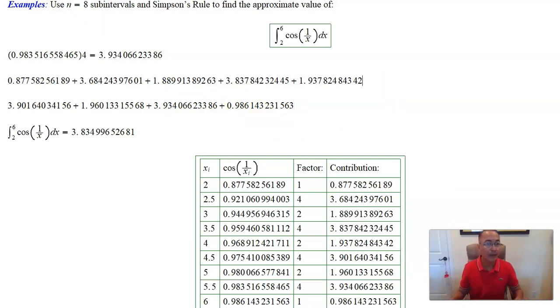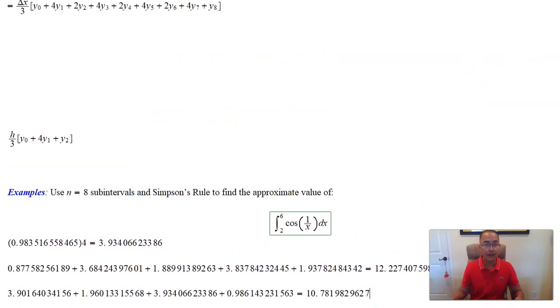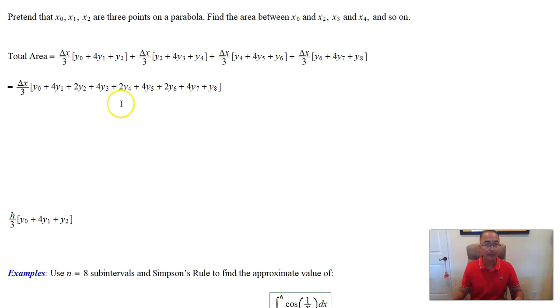So let's add up each line. We get this much, 12 something, and this much, we get 10 something. So we'll add those together, but let's not forget that we have, check out the formula, a delta x over 3. Okay, so our delta x is 1/2 like before.